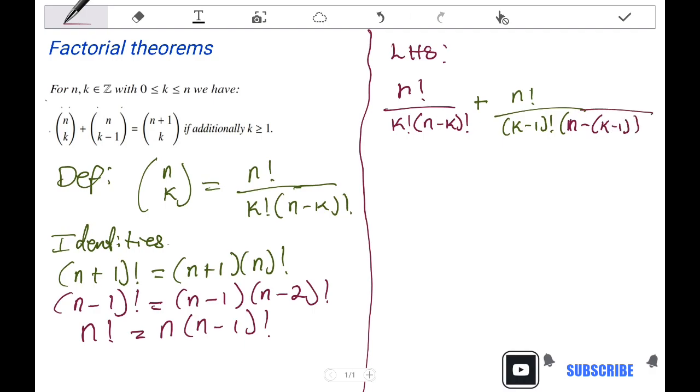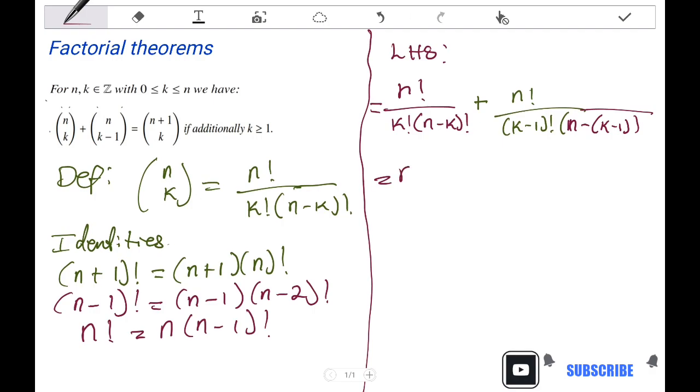Remember that here I take n minus (k minus 1), because n choose k minus 1 doesn't choose k. After that, you can take n factorial out as the common factor.